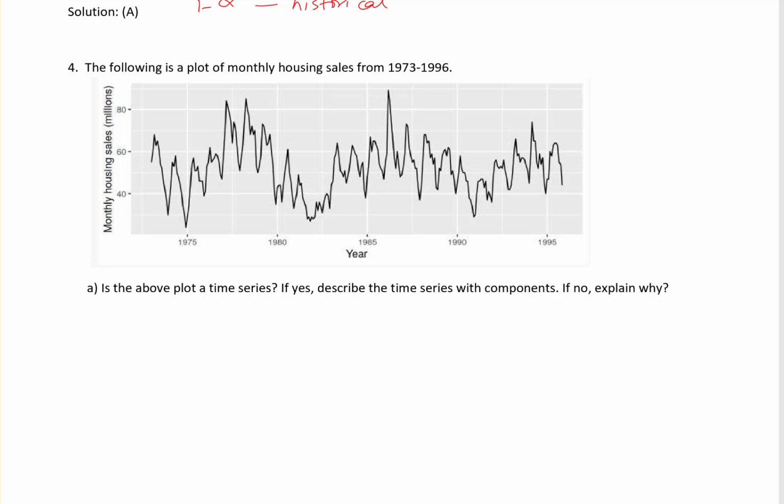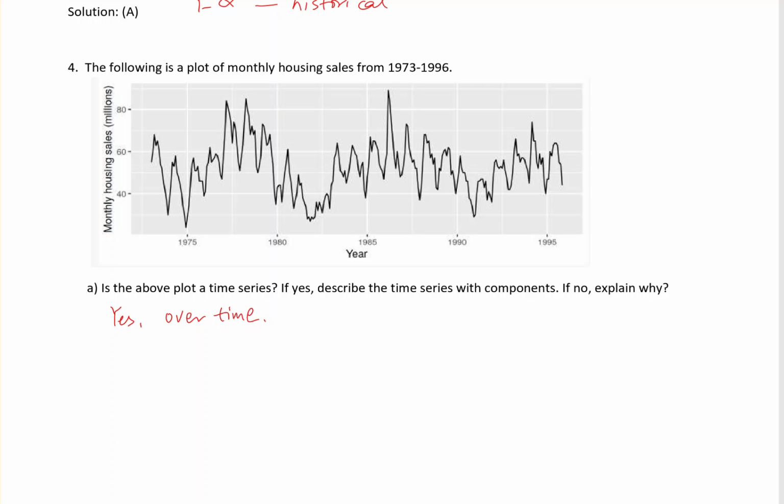For each year, you will see the points, and then the points are connected by the lines. Then number A, is the above plot a time series? What is the answer? Yes, because it is plotted over time. So I just write in short.